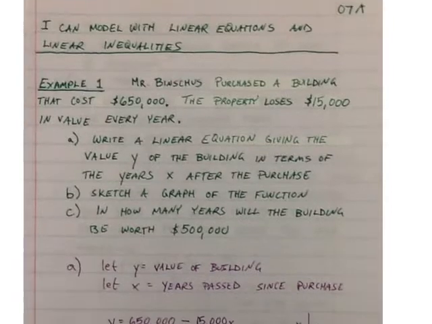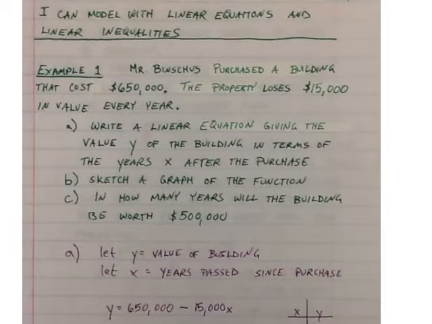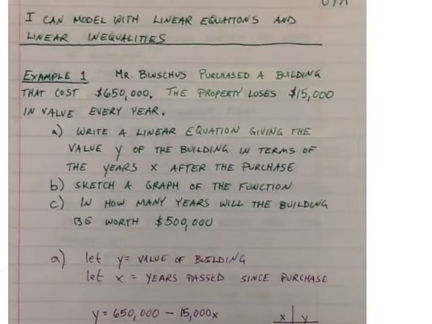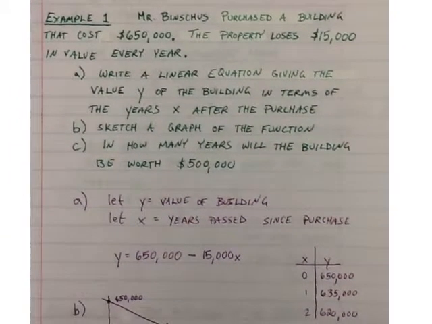So, what I did is I first said let y be the value of the building. The problem stem told us that. And let x be the years after the purchase. And I created a model. Now there's a couple different ways you can create a model.